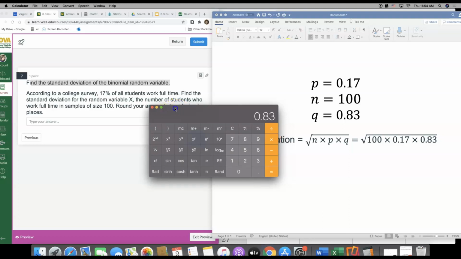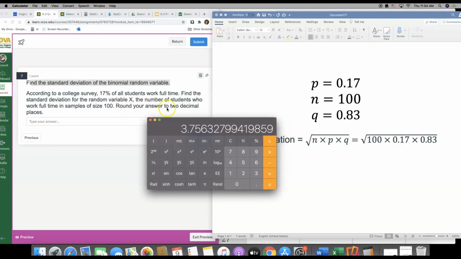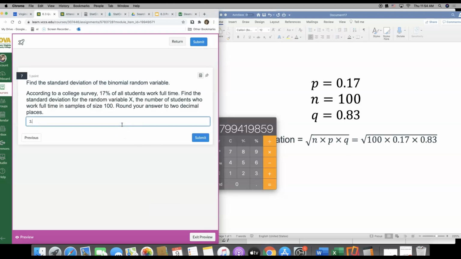So I do 100 times 0.17 times 0.83, hit enter, and then square root that: 14.11. The answer is 3.756, and it says round to 2 decimal places, so I will round this to 3.76. I'm done. Submit it.